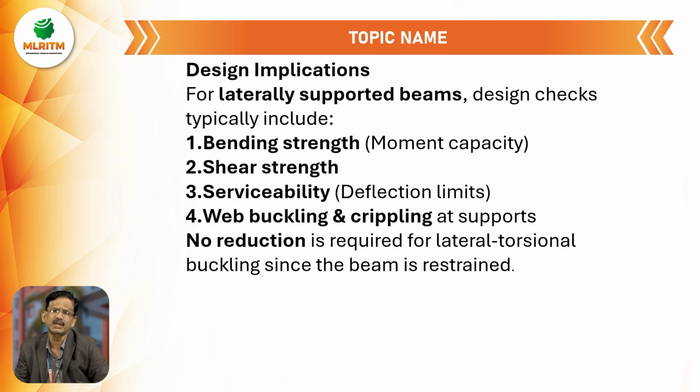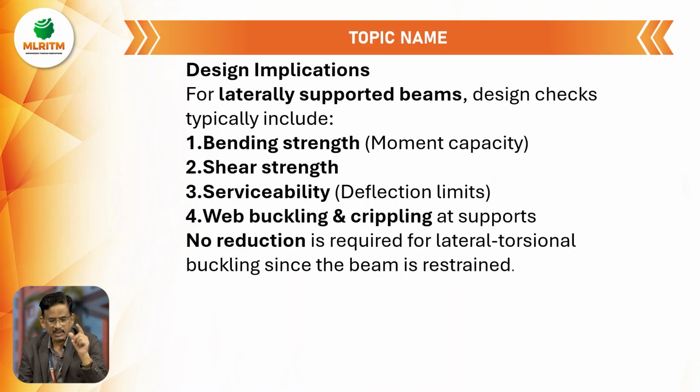What are the design implications for the design of beams? For laterally supported beams, what are the design checks? Whatever section we select, whether an I section, channel section, T section, or equal or unequal angle section, we have to check bending strength and moment capacity.